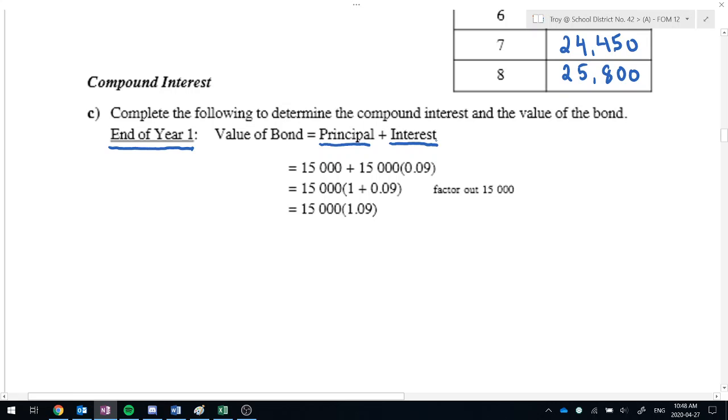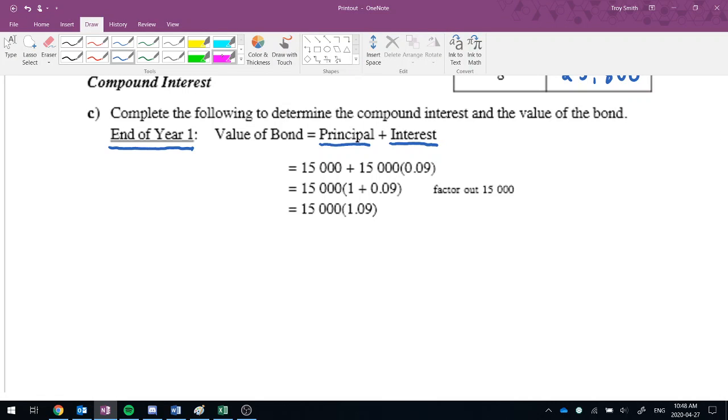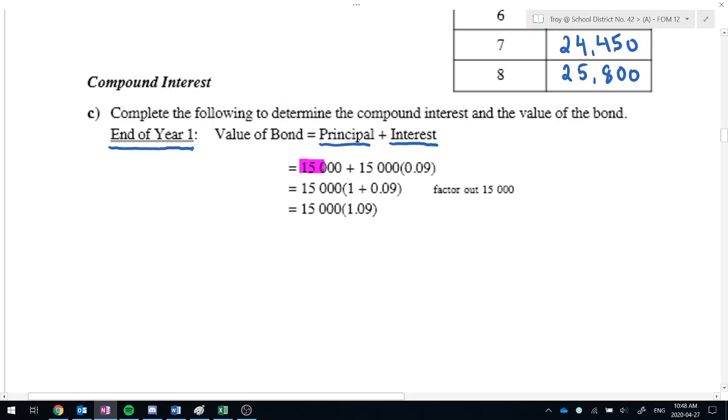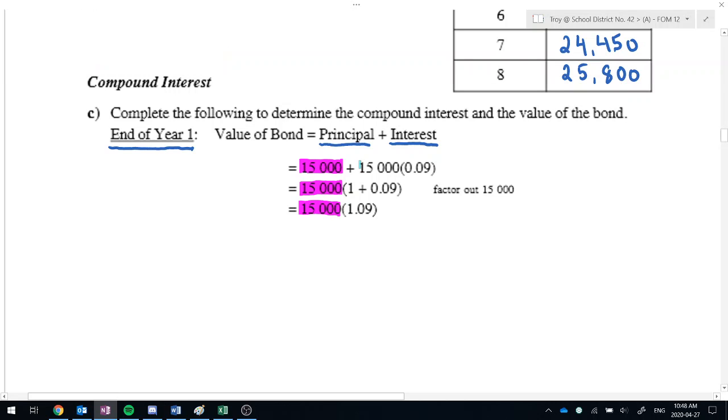Okay. So what we have here, we have that $15,000. That's our principal every time. That's what we started with, right? And then over here, what we've done is we've taken that 9% in the first year.